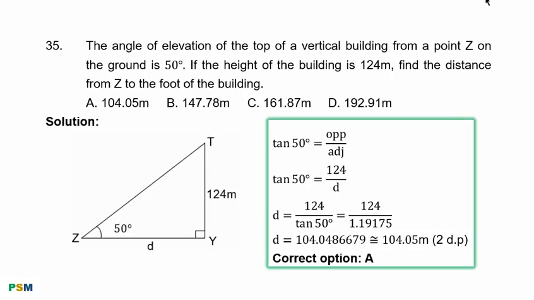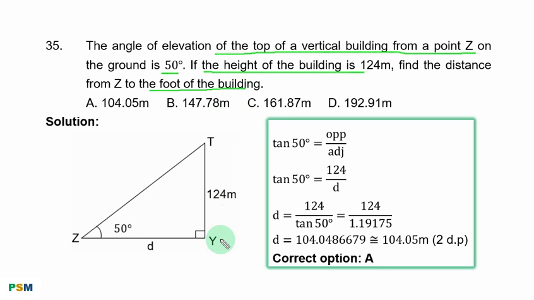Question 35. The angle of elevation of the top of a vertical building from a point Z on the ground is 50 degrees. If the height of the building is 124 meters, find the distance from Z to the foot of the building. Solution.